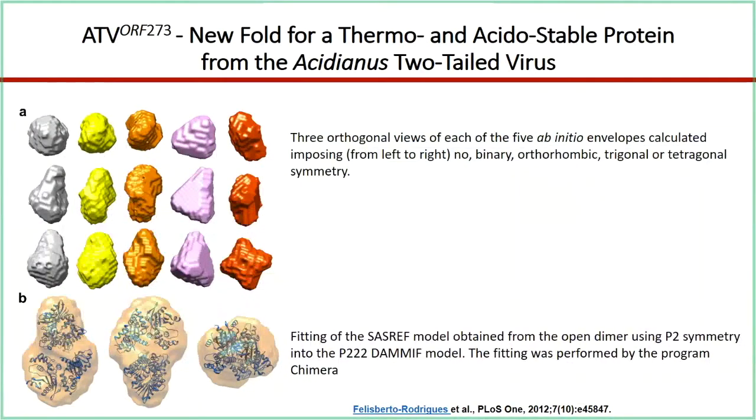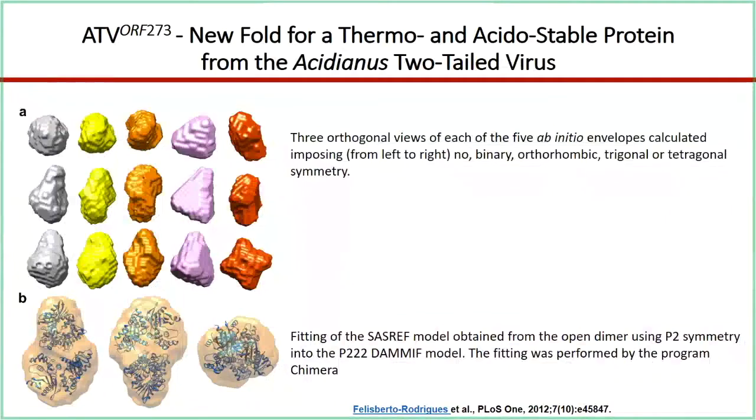a two-tailed virus, which infects extremophilic archaea. So that's a very exotic biological macromolecule to start with, which intrigued me. And what was very particular about this virus is it's one of the few viruses which is known to grow a shell and tails extracellularly.